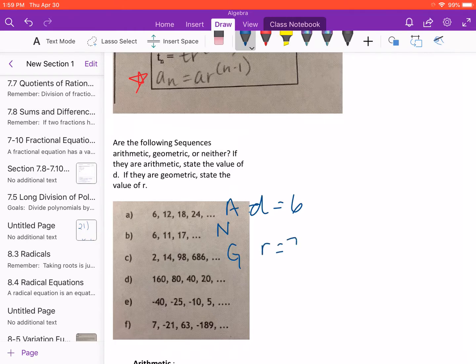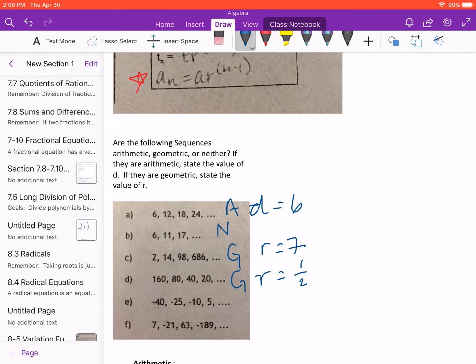And in this case, our ratio R is going to be 7. 160, 80, 40, and 20. Each of those values goes down by 1/2. So if they go down by 1/2, this is going to be a ratio. So R is equal to 1/2.